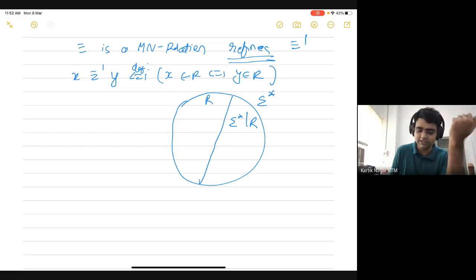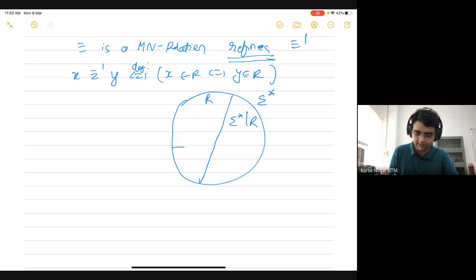All of the elements that are present in sigma star minus R are also related to each other by the prime relation. And that's all. So these are the equivalence classes, and since this MN relation refines this relation, it's basically going to break the equivalence classes of this prime relation into further equivalence classes. So it's going to have more equivalence classes.